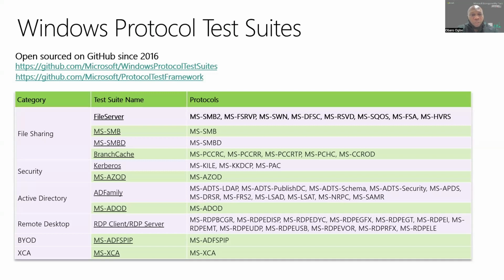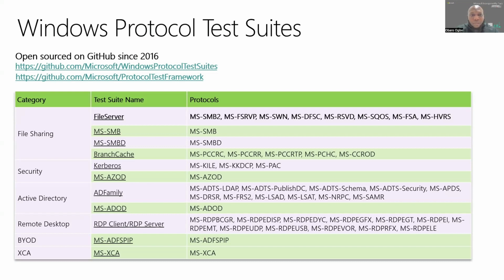This is a cross-section of the available test suites. They are currently open source on GitHub. The URL is on the screen, github.com/Microsoft Windows Protocol Test Suites and Protocol Test Framework. For file sharing, we have the File Server Test Suite that tests the protocols on that row, SMB2, FSRVP, SWN, and so on.